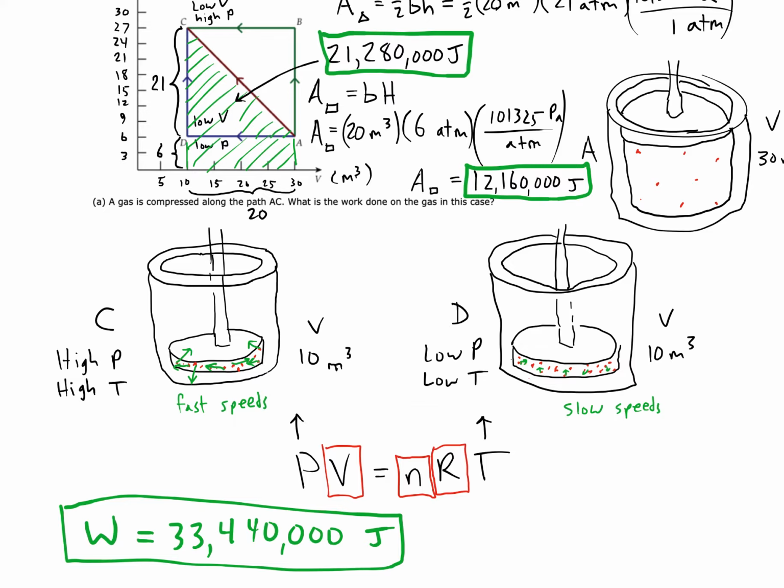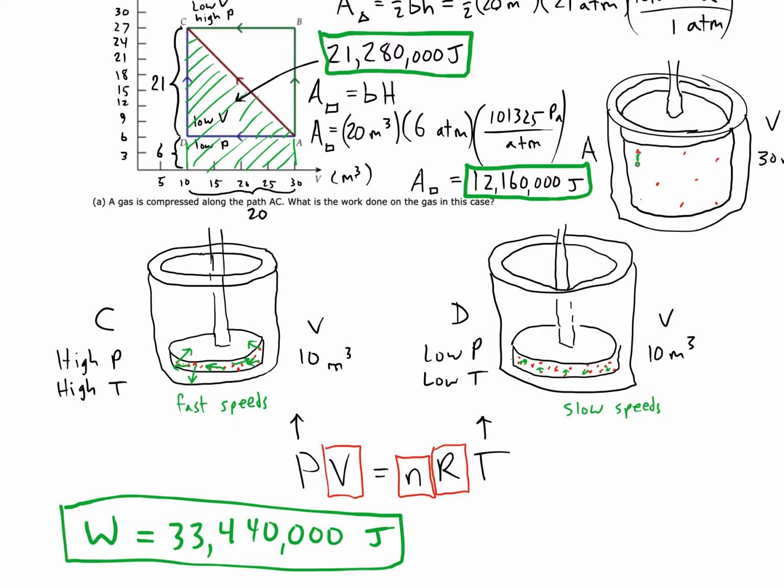Now, how do you know whether work is done by the gas or on the gas? Well, since we're going from high volume to low volume, that's always work done on the gas, because you're changing the gas's volume by pushing all the particles down and compressing it.